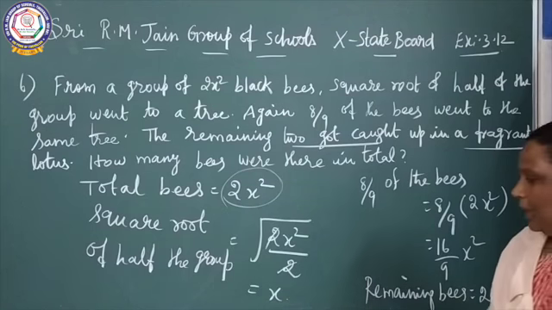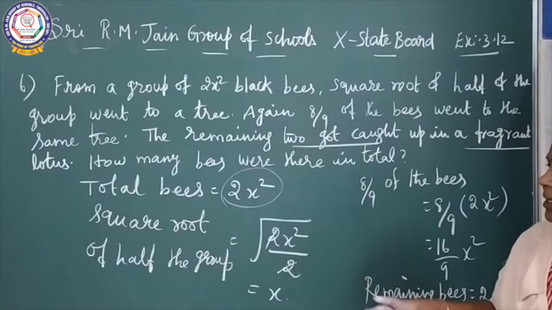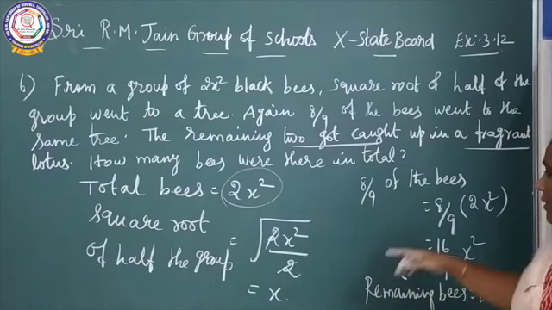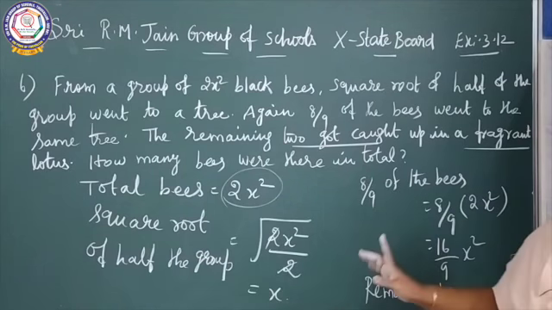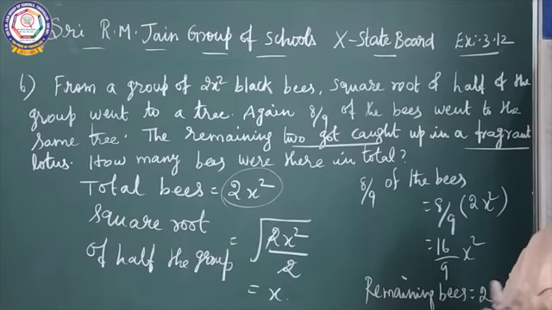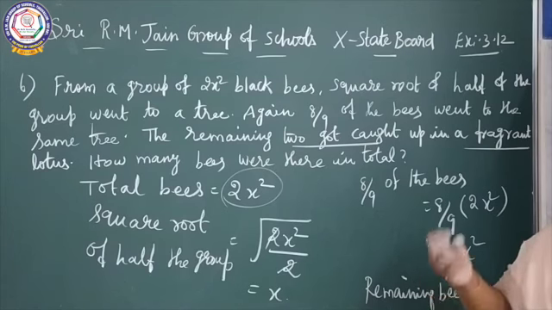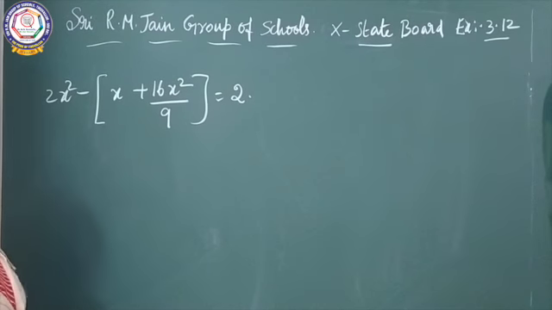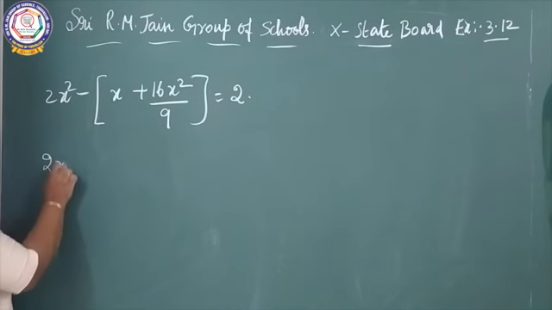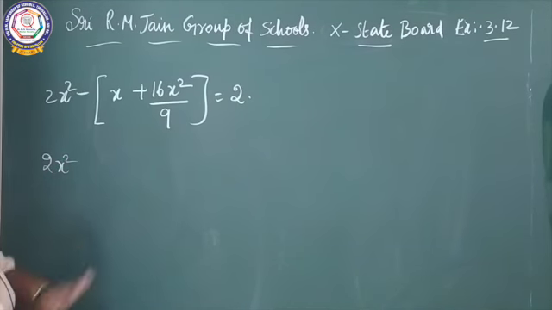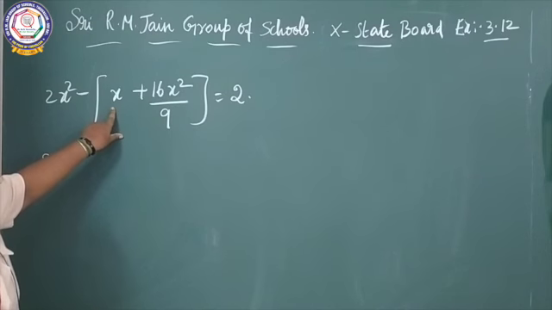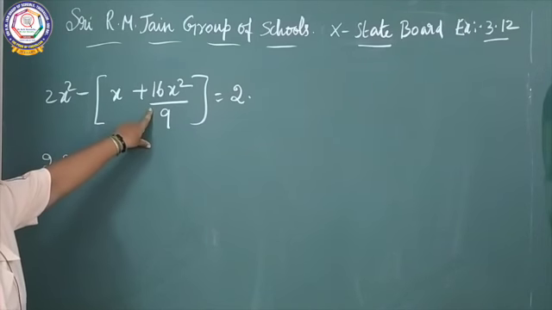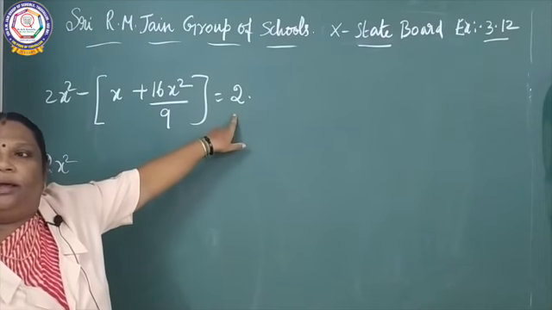The square root of the bees went to the next tree, then some of them to the other tree. The remaining 2 went to the lotus, attracted by its fragrance. This is the square root of the bees, and this is 8 by 9th of the total bees, and the 2 bees went to the fragrance of the lotus.